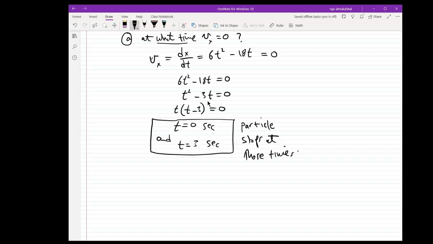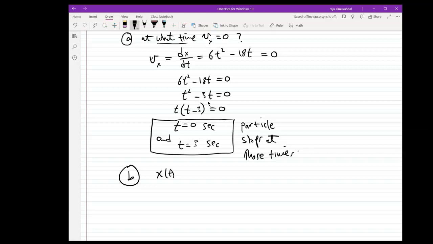Part B, he says, what are the particle's position and its acceleration at this time? At those times, at t equals 0 and 3, where the particle stops. And what is the acceleration of the particle at that time? Well, first of all, let's go back to the x of t.